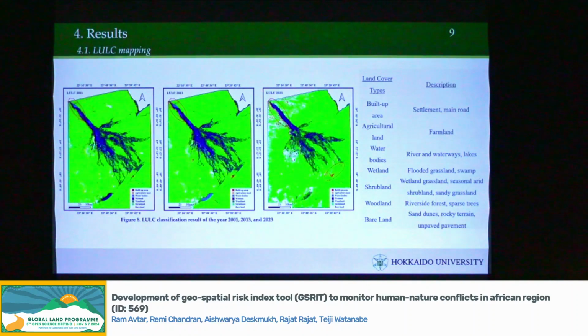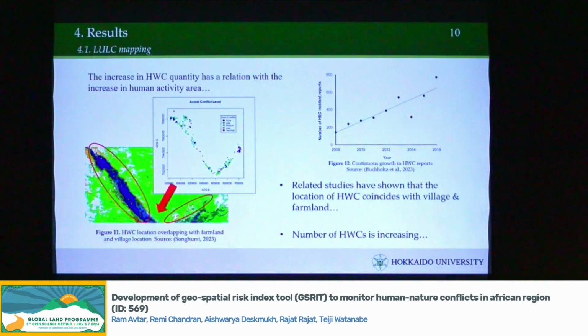So there are some studies that, by using GPS collars, have tracked the movement of those wild animals, especially the elephant. So we are looking into whether these incidences happen where these human-wildlife conflict locations overlap with the farmland and village locations. And these incidences are increasing with time.